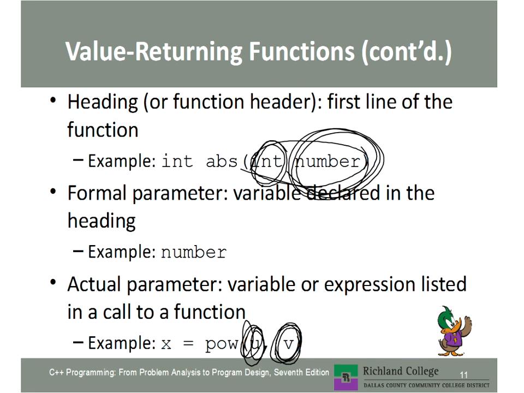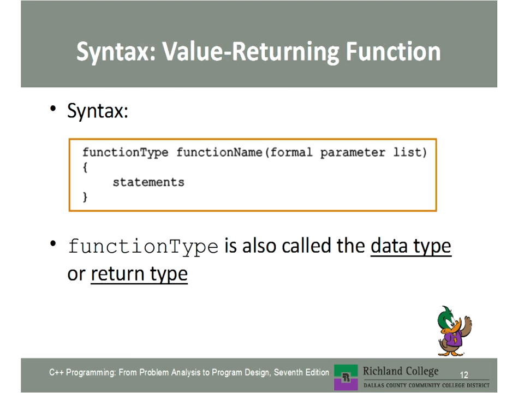Okay, in this case, what we're going to be calling this is the call. This right here, this one line, we're going to call the prototype. So in the prototype, we're going to be using formal parameters. When we're calling the function later on, the calling is going to use actual parameters. Okay, so that's going to be important. That terminology is going to be important.